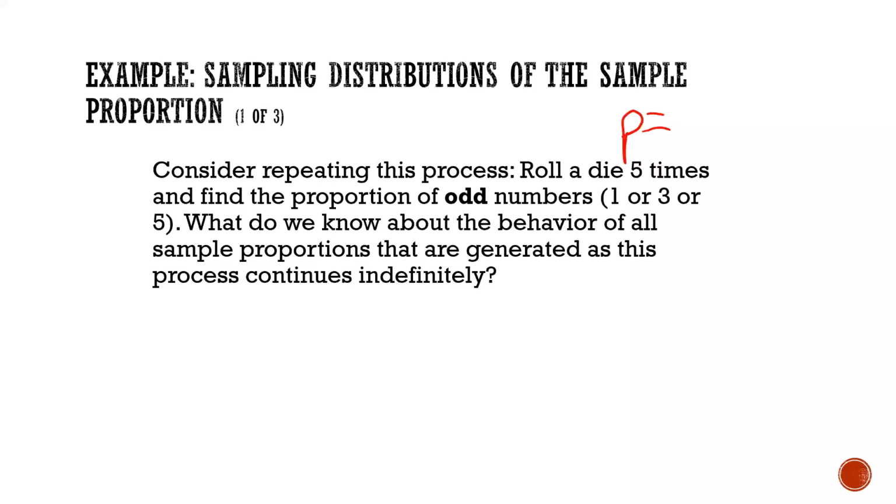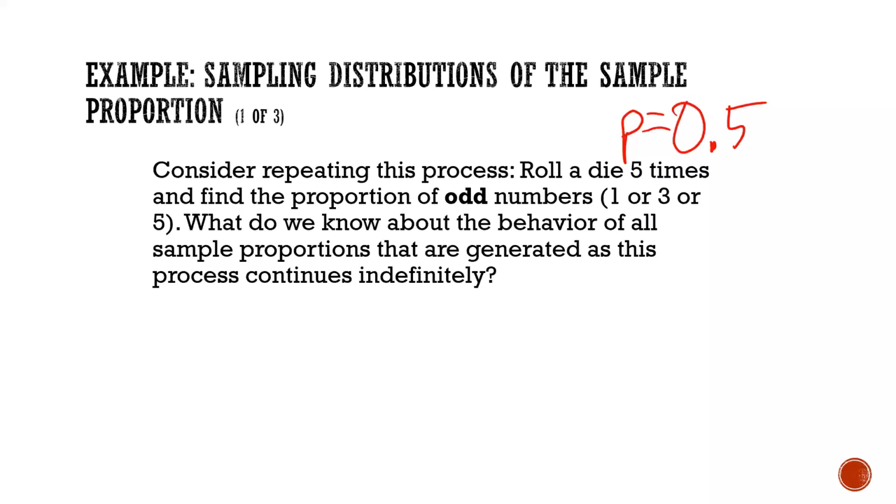The proportion of odd numbers is simply what percentage of the numbers are odd on a dice. What percentage? 50. So if I roll a dice infinitely many times, if I look at hundreds of thousands of rolls, 0.5 of them, that's the proportion of them that should be odd. Do we agree with that? Okay.